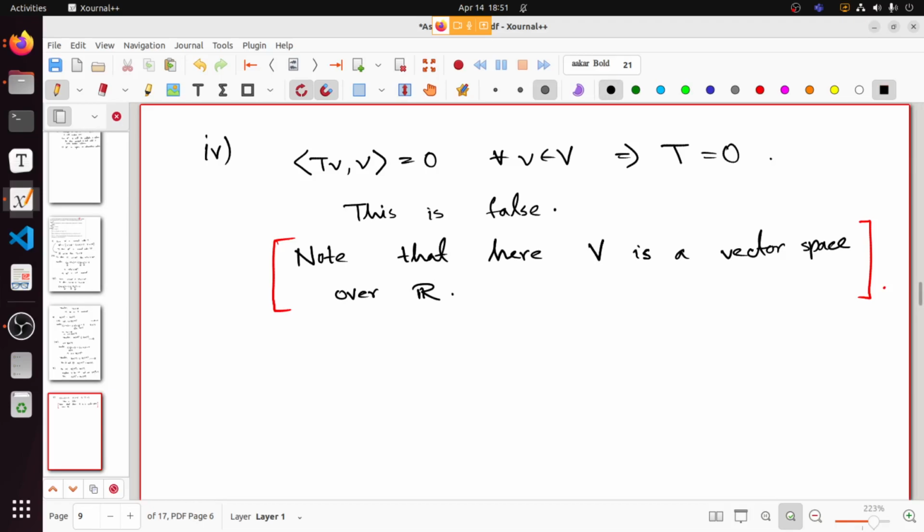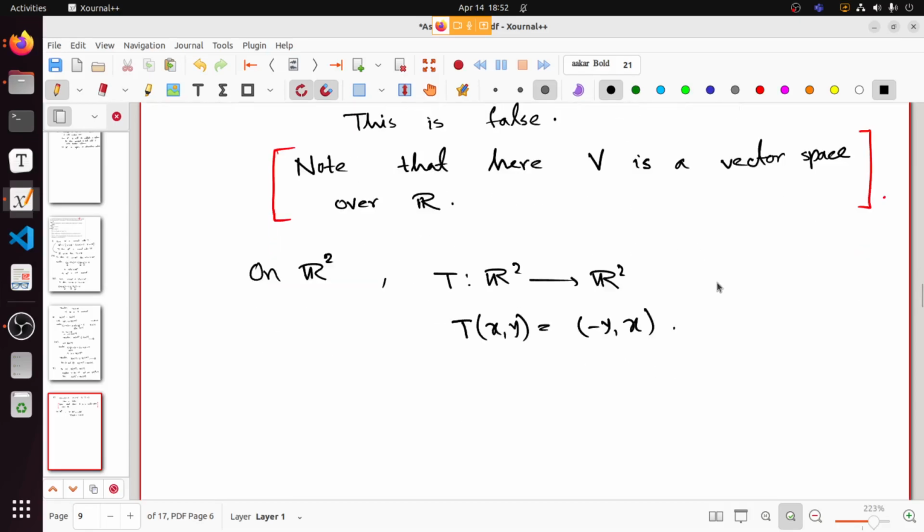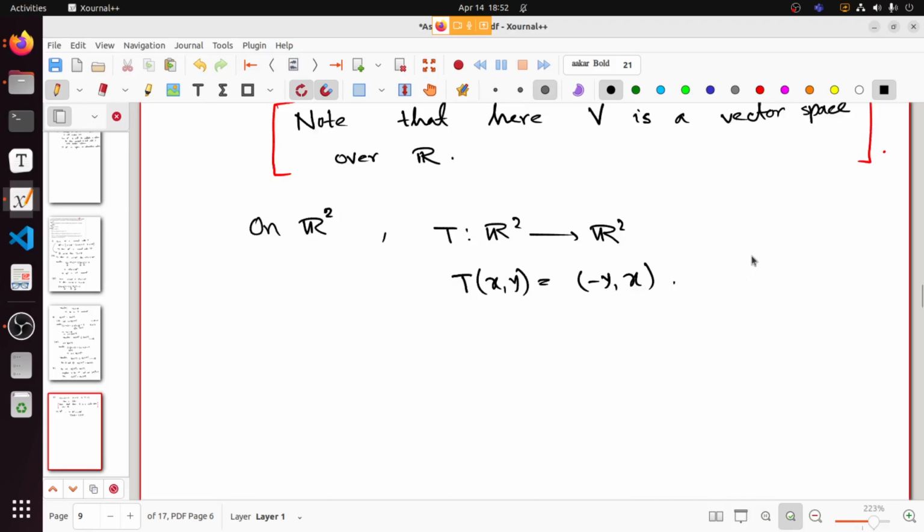So let's define T on R2, T from R2 to R2. Define T of (x, y) equals (minus y, x). This is the rotation by 90 degrees anticlockwise, right?